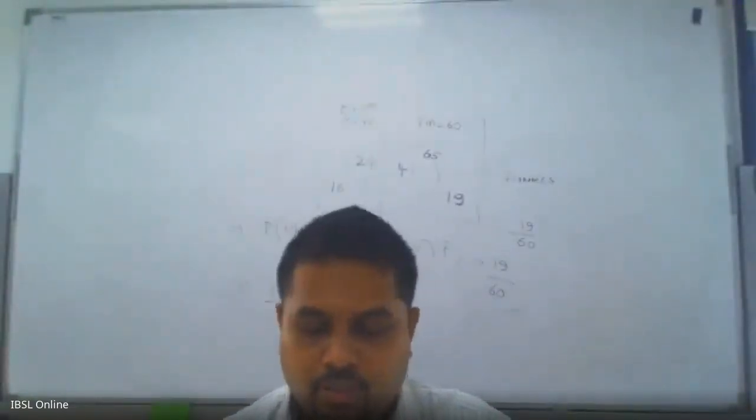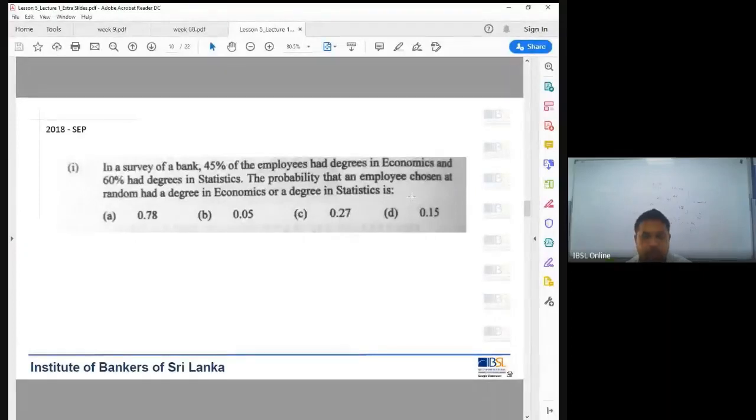Next question. With that, we have completed the 2019 March paper. We'll look into the 2019 September paper, the very first question of your compulsory section. Read the question. In a survey of a bank, 45% of the employees had a degree in economics.